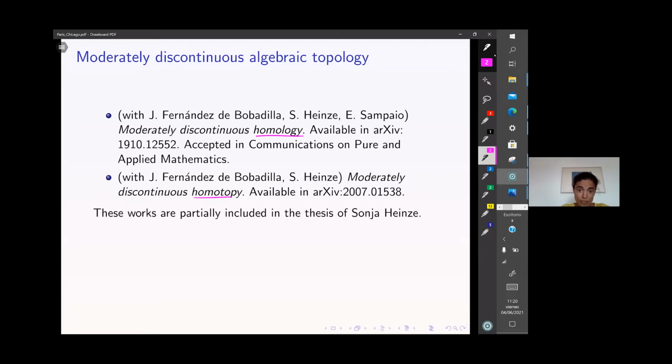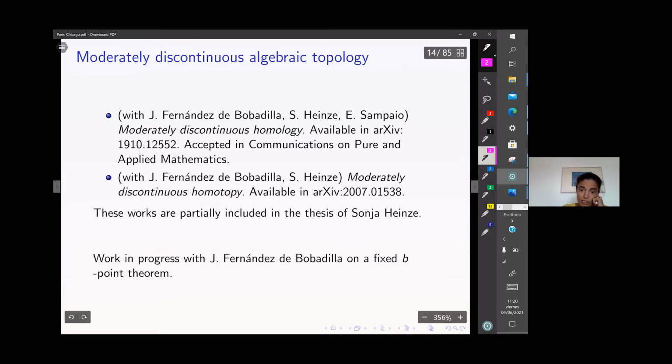That is a work with Javier, André, Bobadilla, Sonia Gente. These works are partially included in the thesis of Sonia, and there is a third work in progress with Javier, Fernando Bobadilla, about the fixed point theorem, and he will talk about it later.